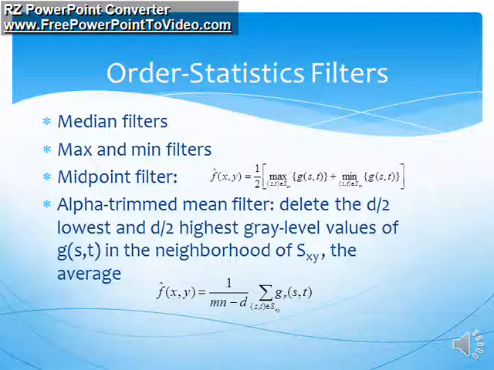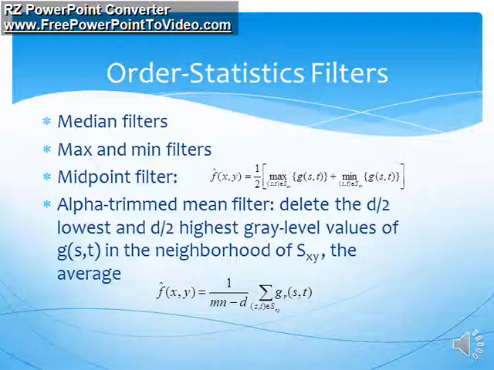Now these are other order statistics filters. We have to keep in mind some points, which are very important: the median filter, then max and min filters, then the midpoint filter. It is denoted by f cap(x,y) equals half of the maximum of g(s,t) plus the minimum of g(s,t), where (s,t) belongs to S_xy.